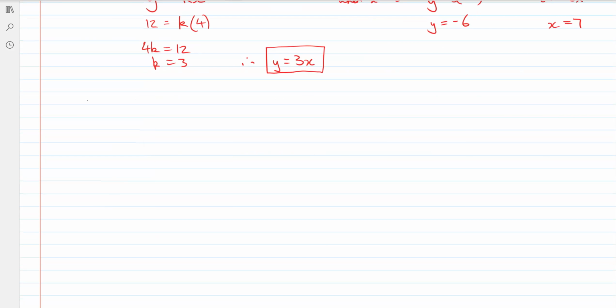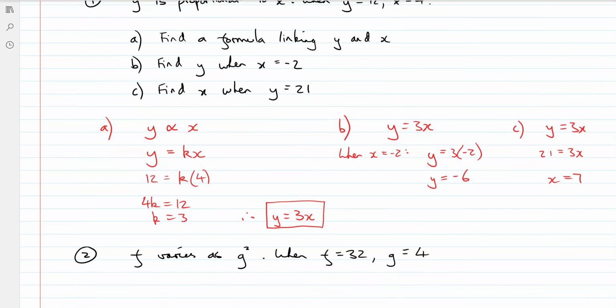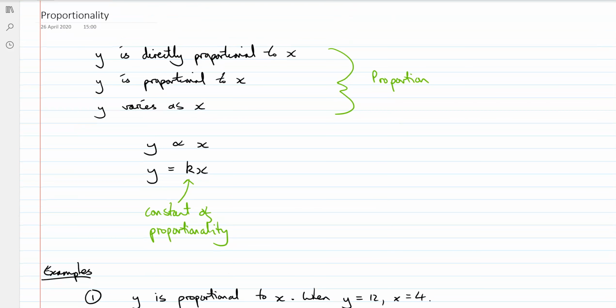Let's do another example. So number 2. Let's just use f. So f varies as g squared when f equals 32, g equals 4. And then part A, very similar to this, but if I remember, varies as is the same as here, it just means proportional to, it's the same thing.